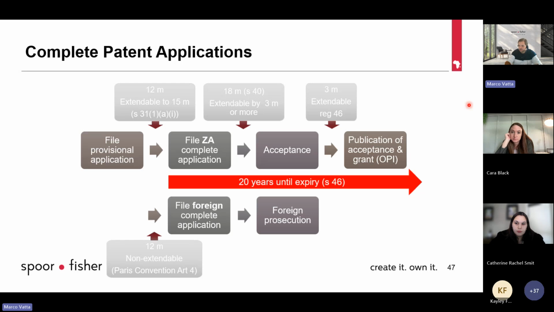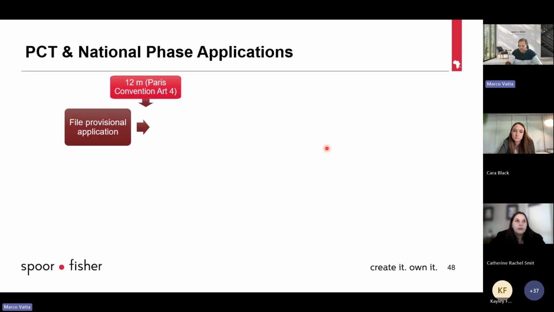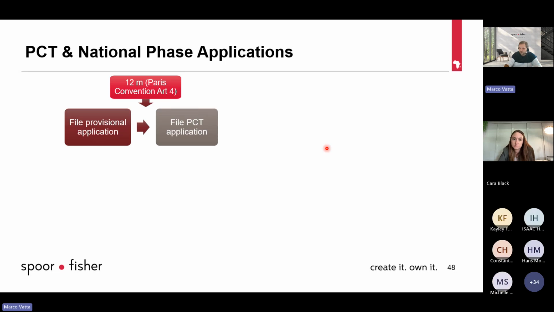Okay, we'll move on then to the next slide, which is the PCT and national phase patent applications. So again, we'll work on the basis that a provisional patent application was filed, and within 12 months of filing that provisional application, you then have to file your PCT application in terms of Article 4 of the Paris Convention.